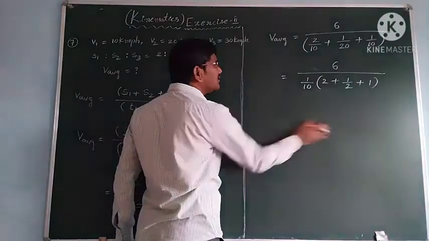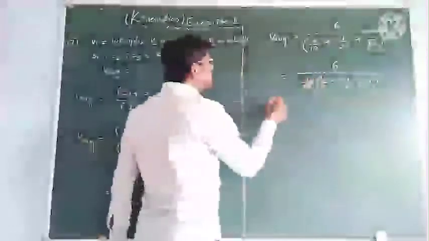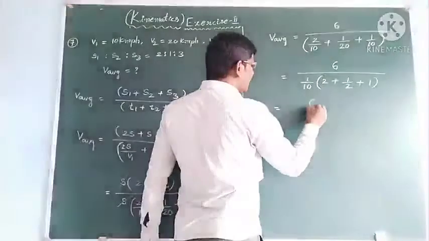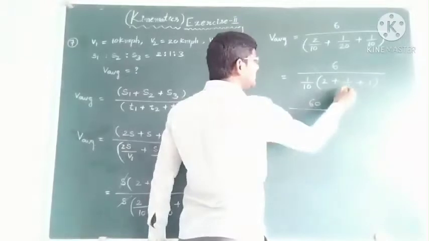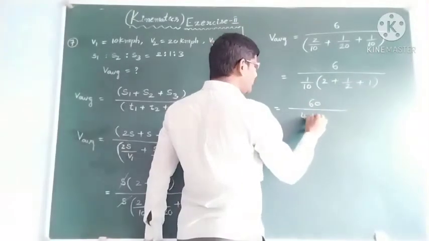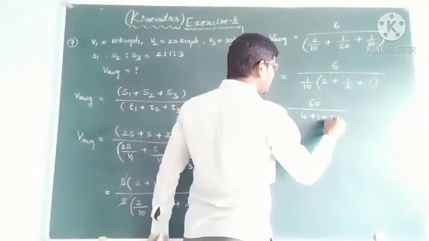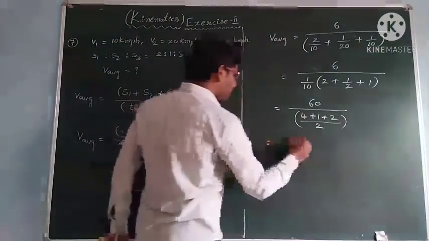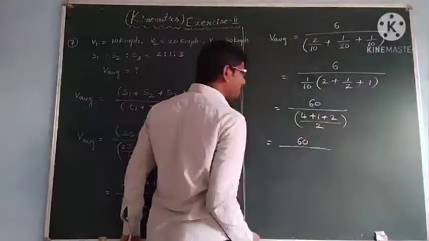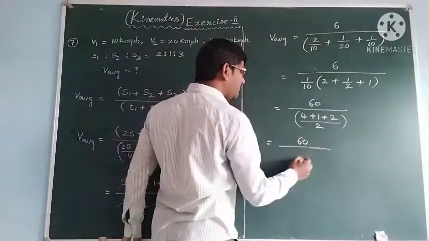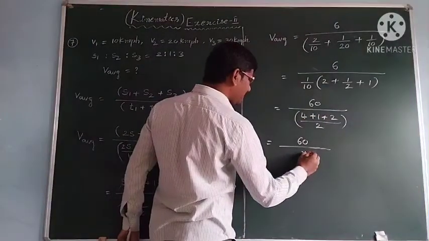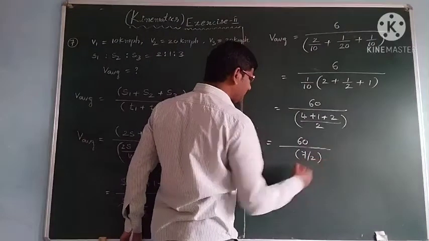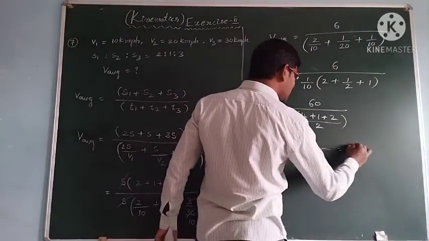Then it will become 60 by 2 twos are 4, 4 plus 1 is 5, plus 2 is 7. 7 by 2 is left. So then this is 60 by 7 by 2.